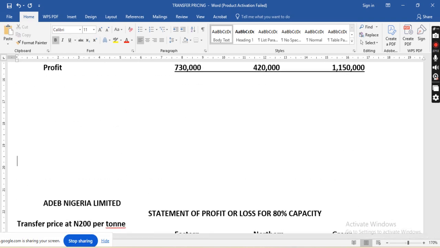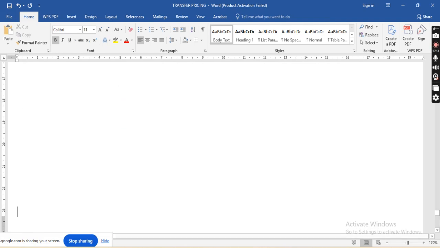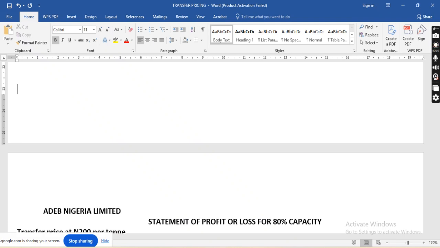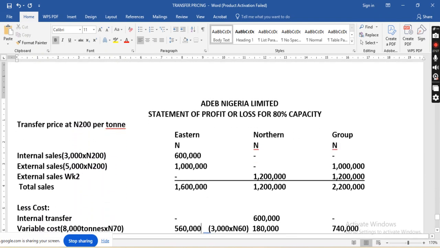Let me just do it down. So it is based on 100% capacity, right? Now, if it is based on 100% capacity, right?